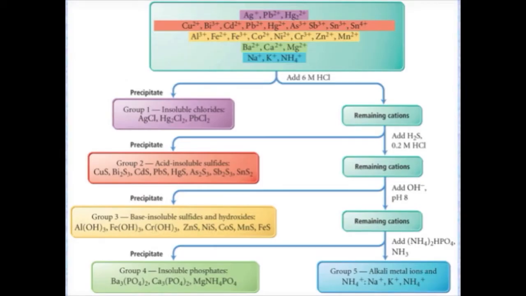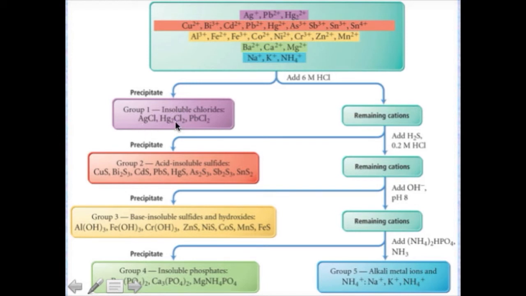So how would that look in reality? Well, you might have a solution with a mixture of ions. Probably wouldn't have all of these, but you'd have some of these mixed together. And you need to separate them out and confirm which ones are there and which ones aren't. The group 1 cations are the insoluble chlorides.